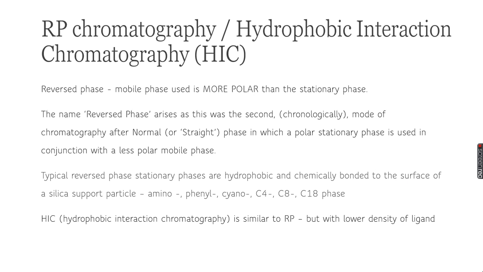Now the second point we need to understand is hydrophobic interaction chromatography. Structurally, or component wise, they are not really different. Reverse phase and HIC are very similar, but the density of the ligand molecules, or the degree of surface functionalization, is much lower in hydrophobic interaction chromatography.